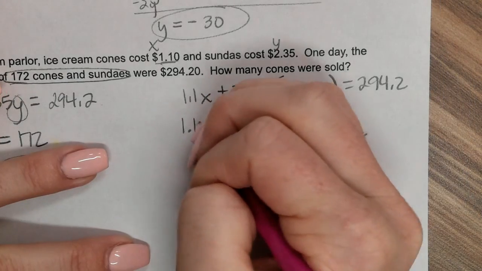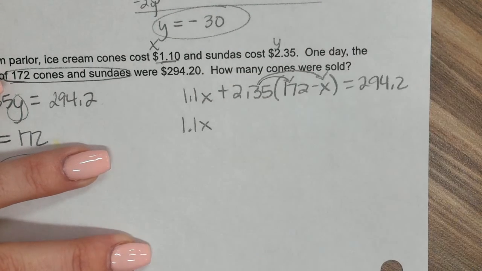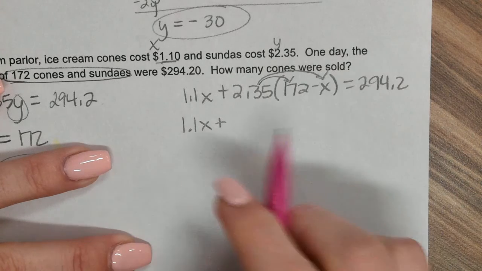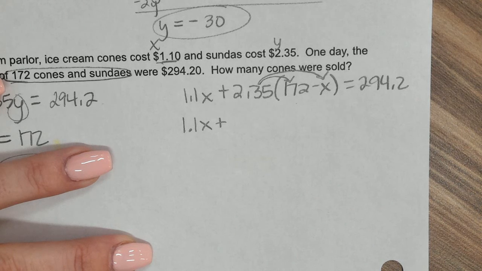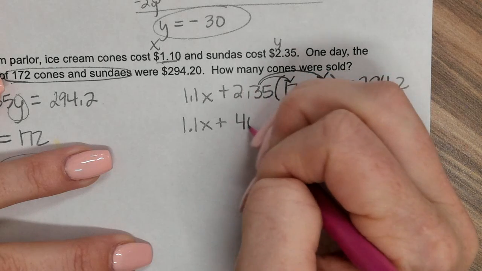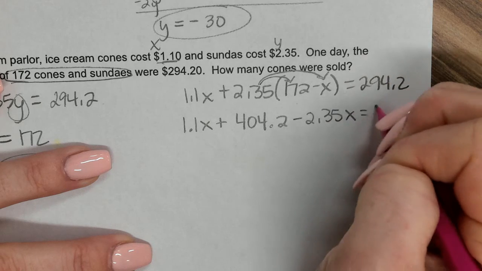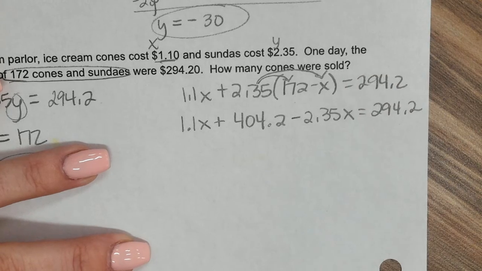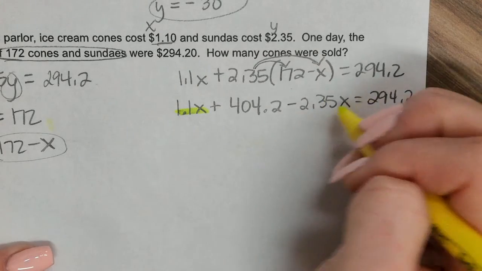All right, 1.1x, I need to distribute this here and this here. Plus $2.35 times 172. What can I combine? x's with x's.